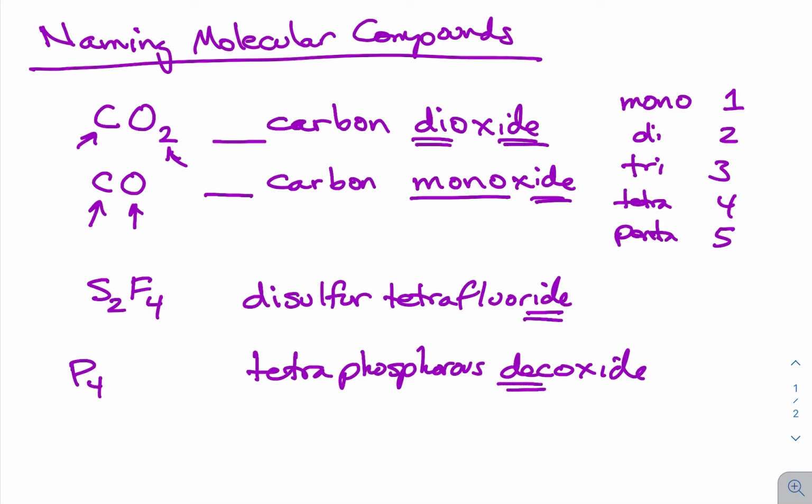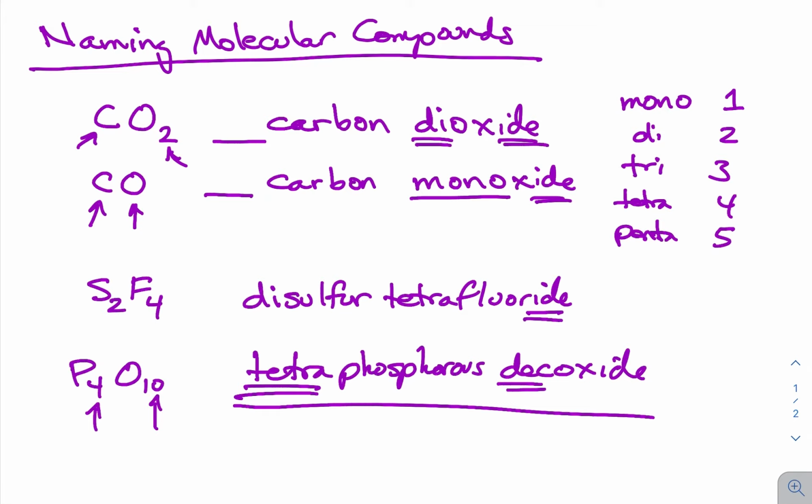Dec, just like decade, stands for 10, so this would be O10, right? So the name of the compound is going to convey the actual number of atoms in the compound using these prefixes. Okay, so that's fairly straightforward for these once you know the prefixes.